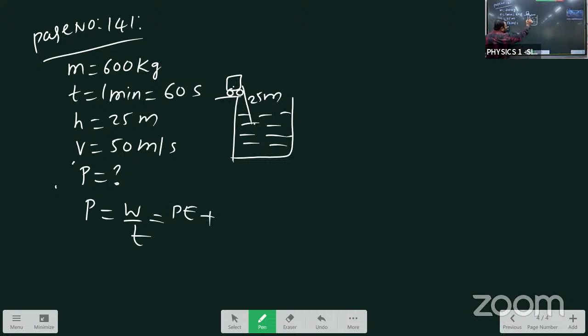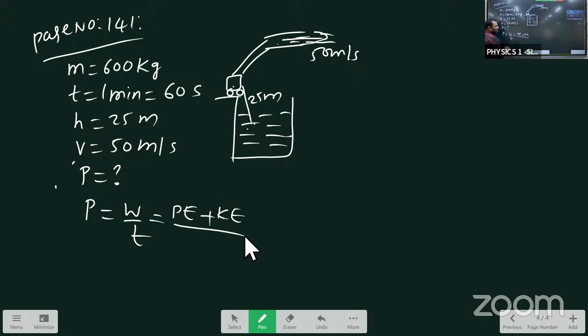With the motor at rest, work is nothing but the potential energy present. And from the motor, water comes outside with 50 meter per second. With respect to motion, there is kinetic energy. So work equals the sum of kinetic energy plus potential energy, divided by time.